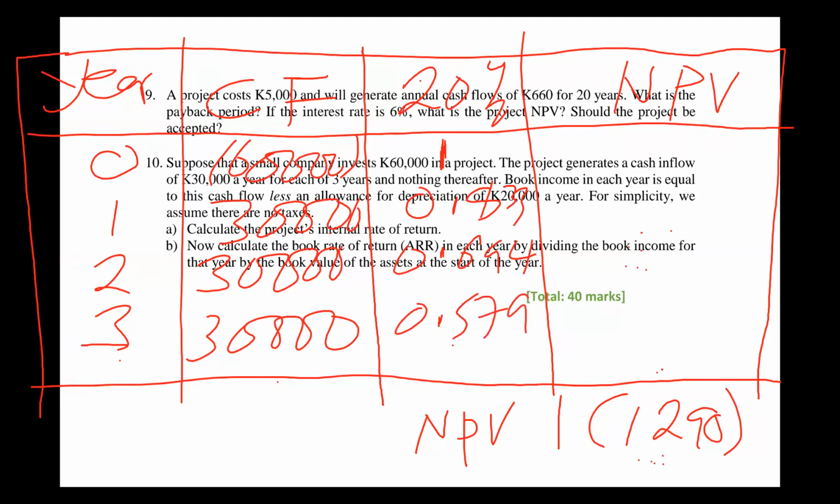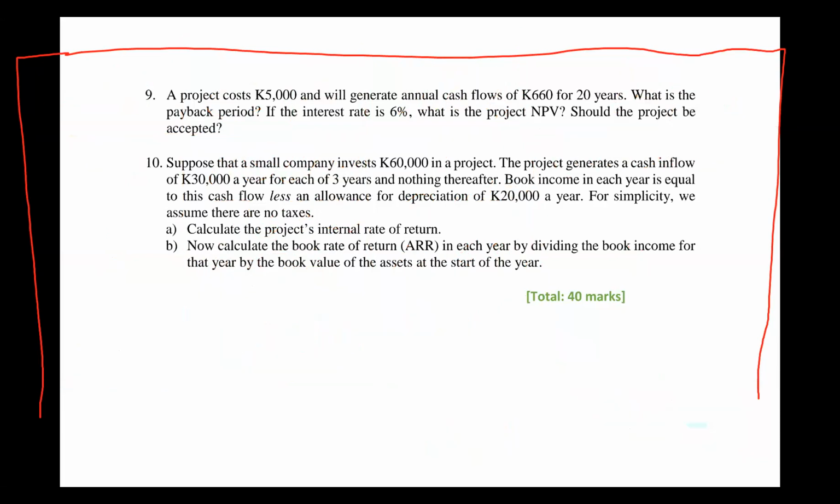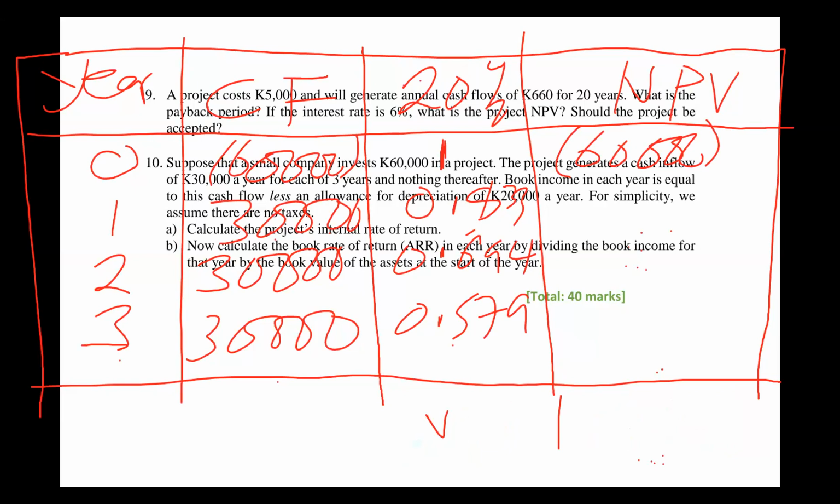And then you can do your multiplication. That will give us negative 60,000. And that times that. $30,000 times the 0.833.